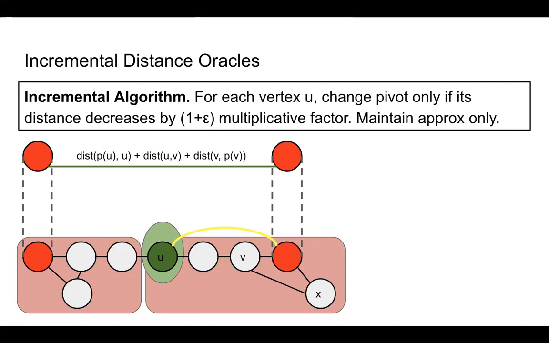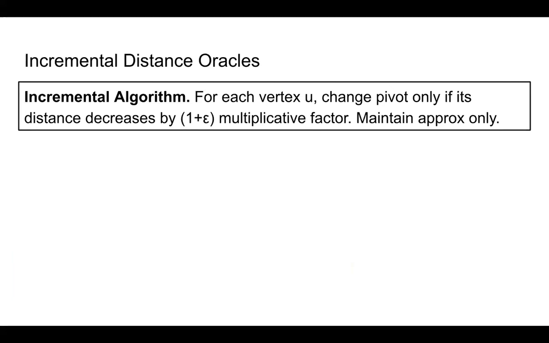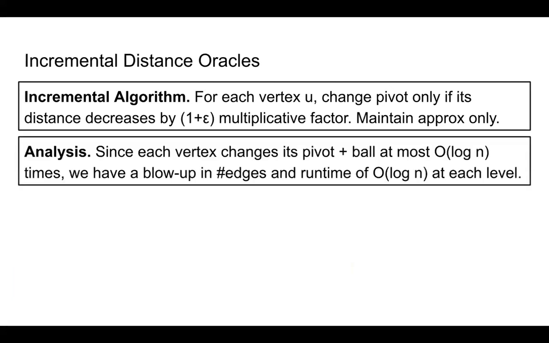Okay. And this incremental algorithm modification is rather standard, I'd say. So you see this in a lot of partially dynamic algorithms already on shortest path. And what you get is basically that all of this pretty much still works. The only problem is that each vertex now changes its pivot and its ball roughly log n times, because every time you reduce the radii by a 1 plus epsilon multiplicative factor.